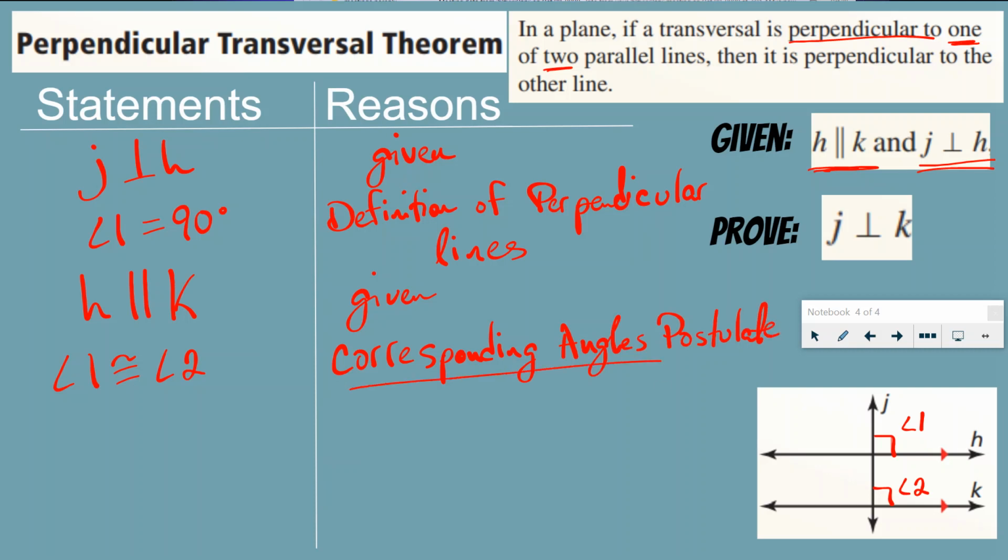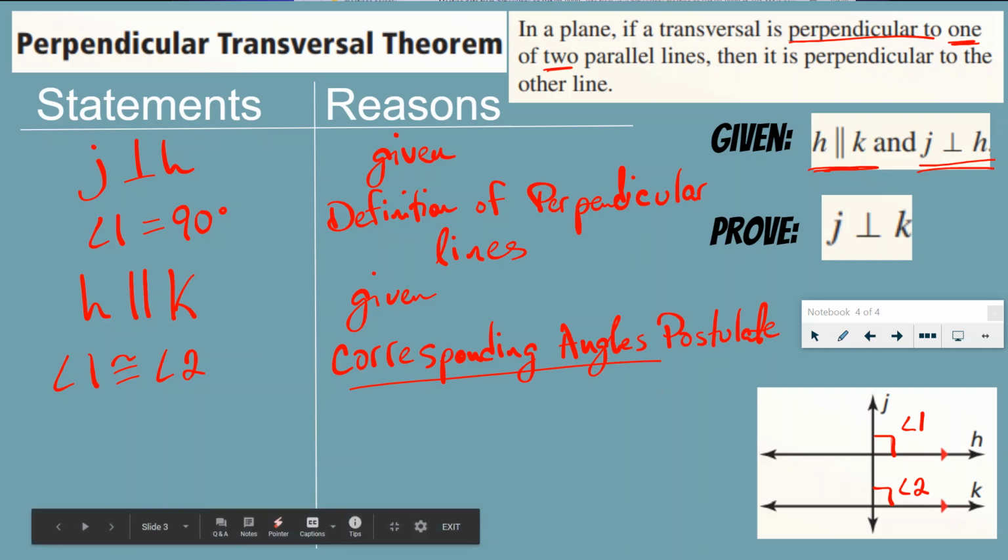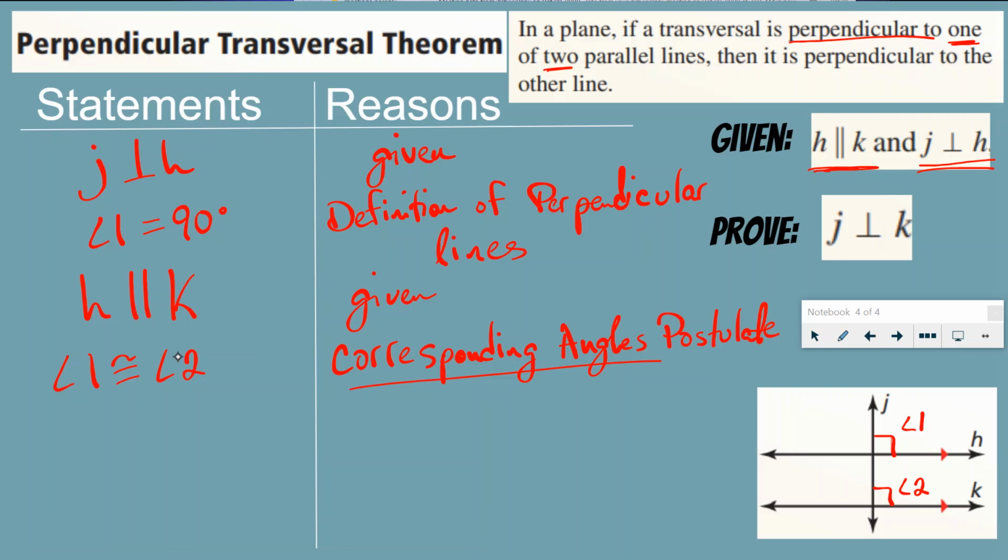I know I have congruent corresponding angles because I know that H and K are parallel. And now I can use substitution, or kind of the transitive property. Basically I'm going to substitute in angle 2 for angle 1 in that equation and say that angle 2 is equal to 90 degrees.